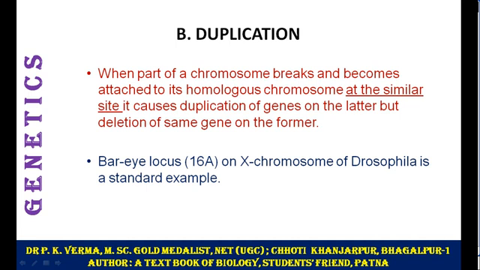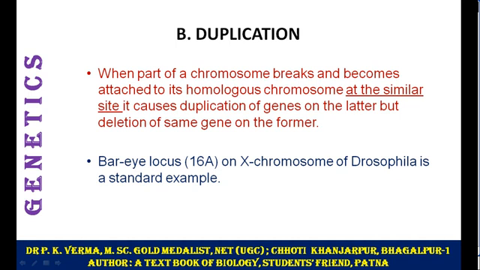In Drosophila, a very interesting case has been observed. On the X chromosome, if the 16A region is duplicated, the number of ommatidia decreases. Normally, there are approximately 1000 ommatidia in each eye, and the eyes are almost circular.